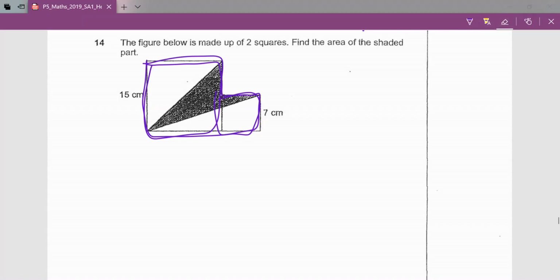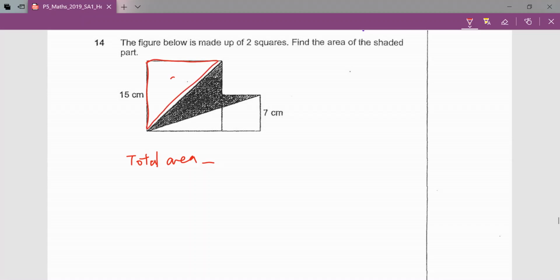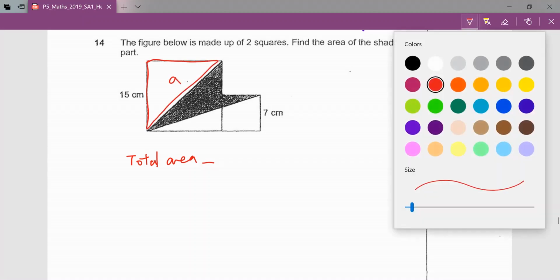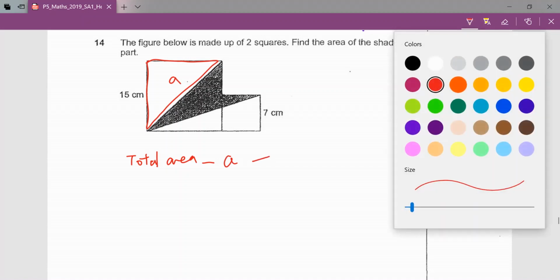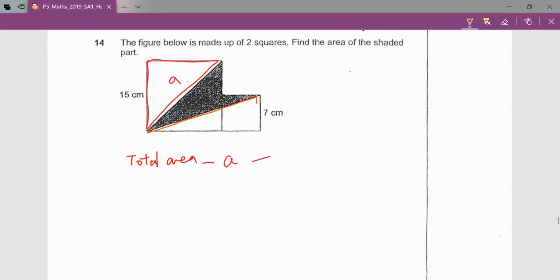If you want to find the area of the shaded figure, you use the total area minus area of A, minus B.